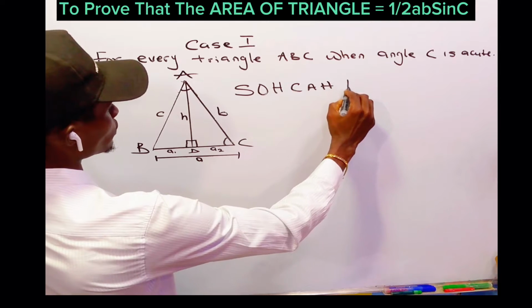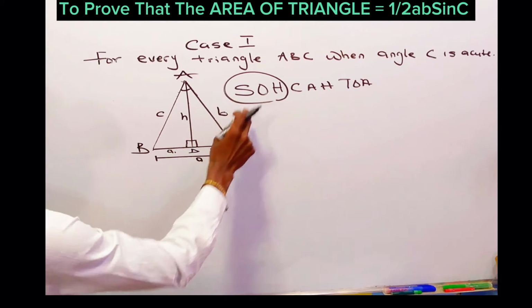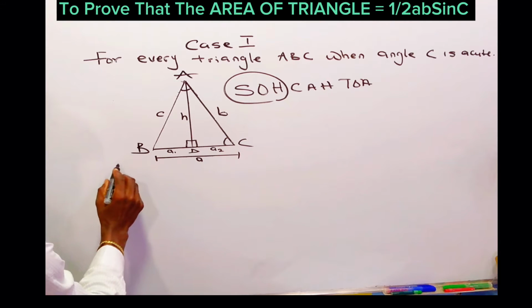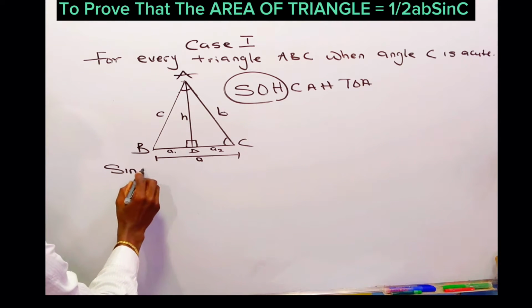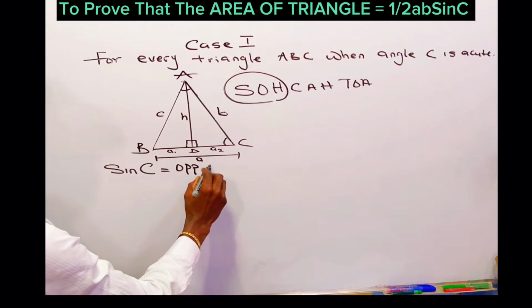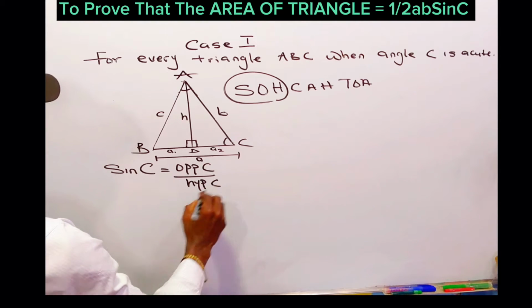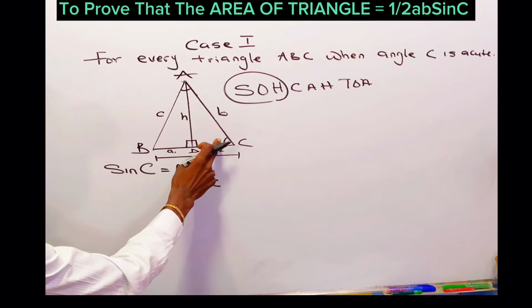To find angle C, let's use the trig ratio, using sine. So we'll have sine C equal to opposite C over hypotenuse C. And what's our opposite C?